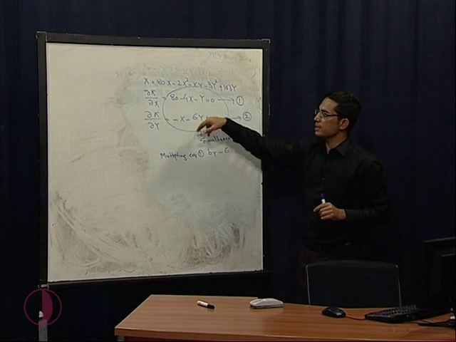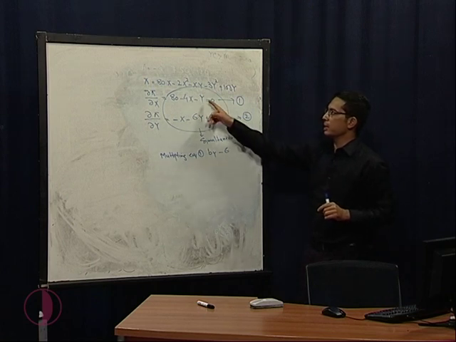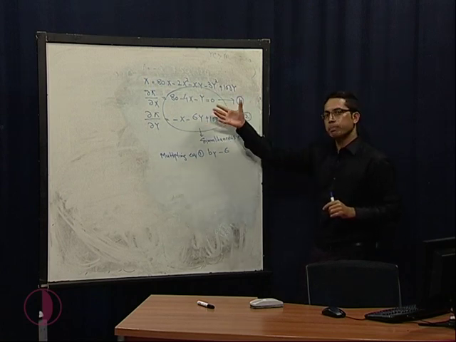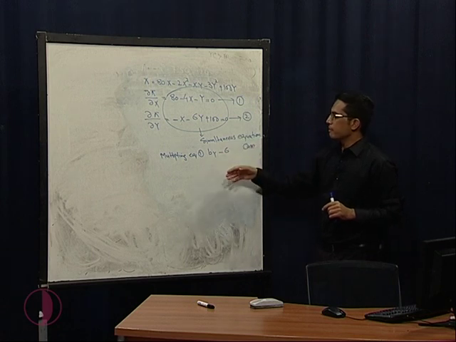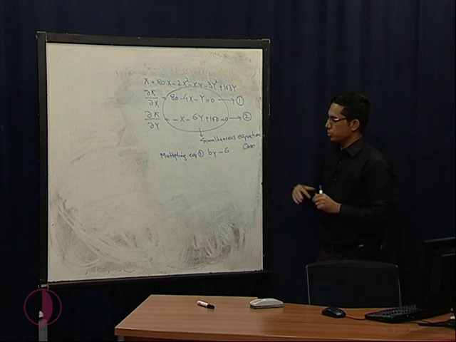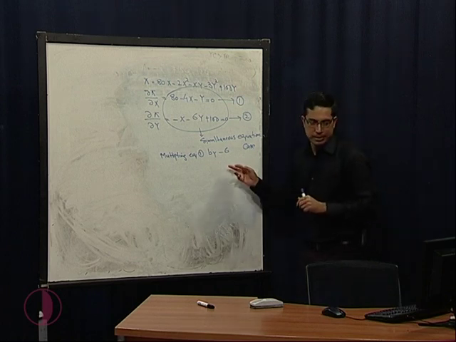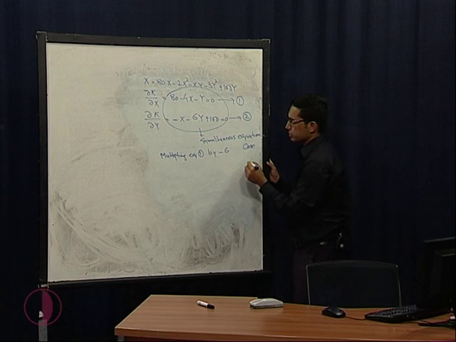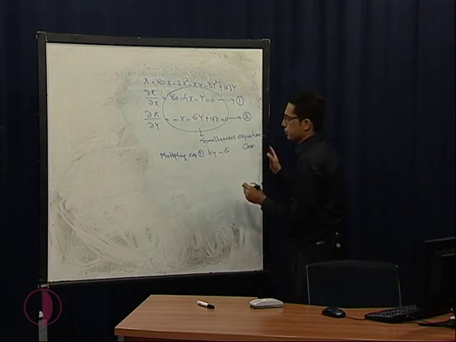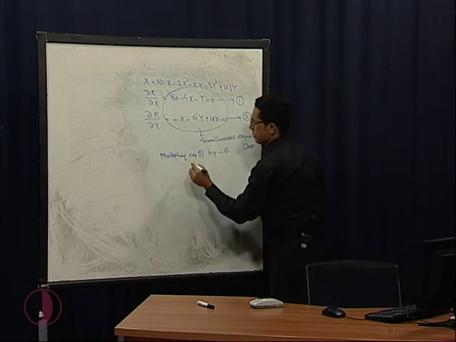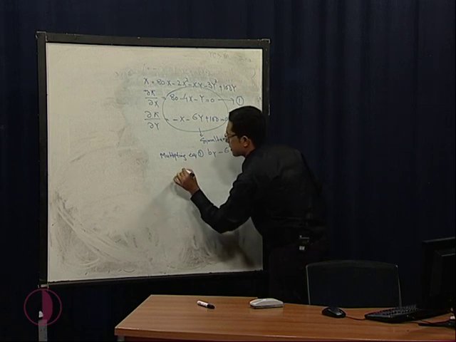If we multiply this expression by minus 6, this will be cancelled out when we add both the equations. From there we can find the x and y values. So first multiply this equation by minus 6.